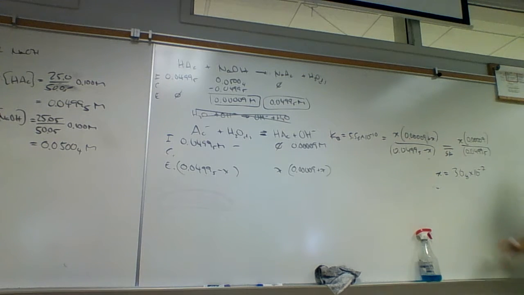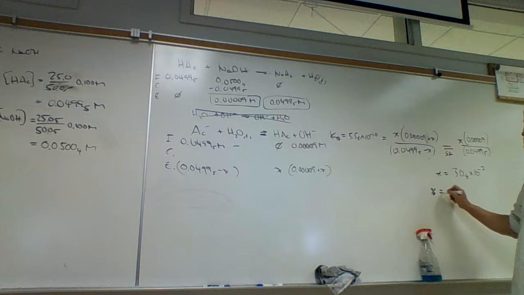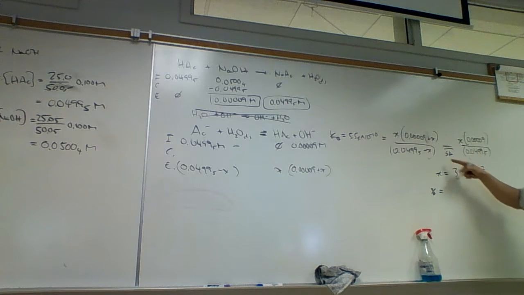All right, let's see, is the simplifying assumption justified? So let's check the percent change. The percent change here, we have two that we can calculate. We should calculate the numerator because the numerator is going to be a bigger percent change than the denominator. And so this is going to be x over 0.00009 times 100%. Gives a 0.0034% change. This is no problem. The simplifying assumption worked very well.